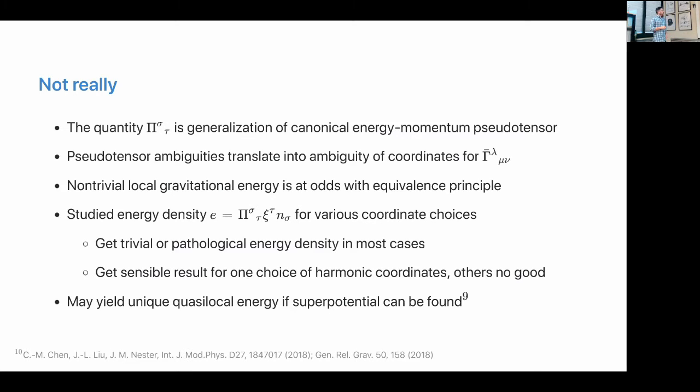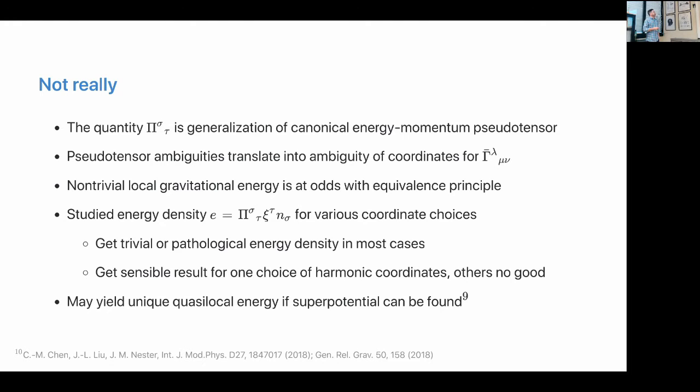And so as a result, this thing that you would like to be the energy momentum tensor for gravity is still ambiguous. It's just hidden. It's tensorial, but you still need to choose coordinates for your reference.